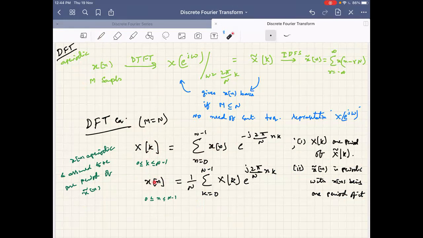This makes a very compact representation, because we have n aperiodic time domain samples, which usually occur in all the applications, and there we have exactly n coefficients while representing it. It is a discrete representation, as against the discrete time Fourier transform, where there is a continuous representation of the Fourier spectrum in the frequency domain.